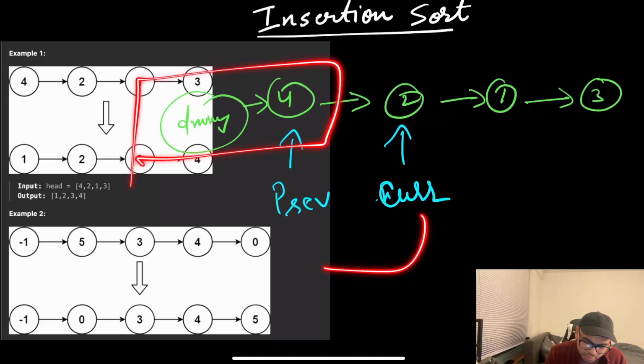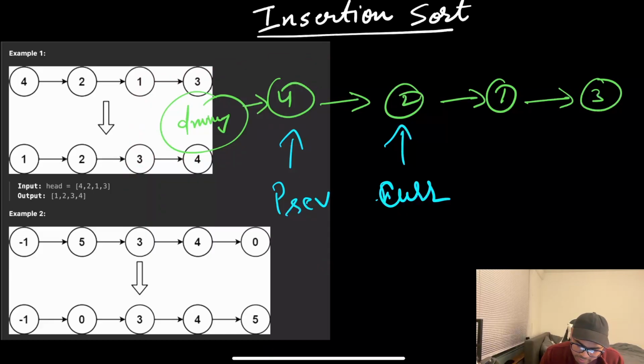So first thing first, we're going to point prev to cur.next. So this reference is gone. This reference is gone. Then we have this 2, and we're going to compare 2 with dummy.